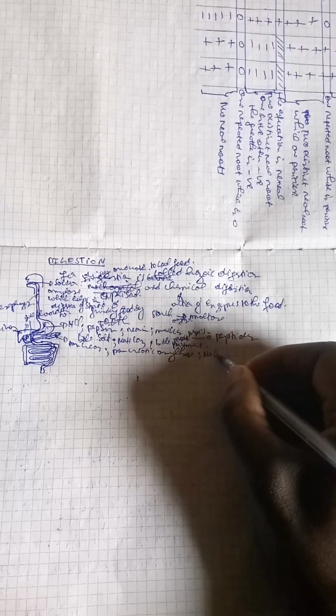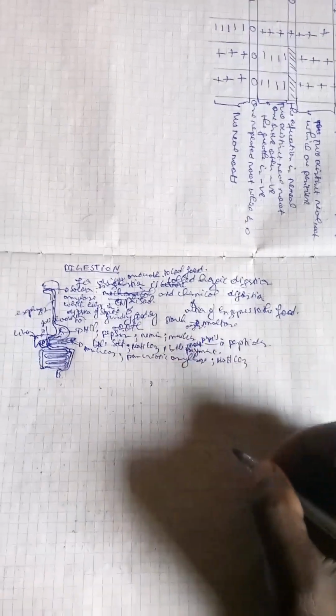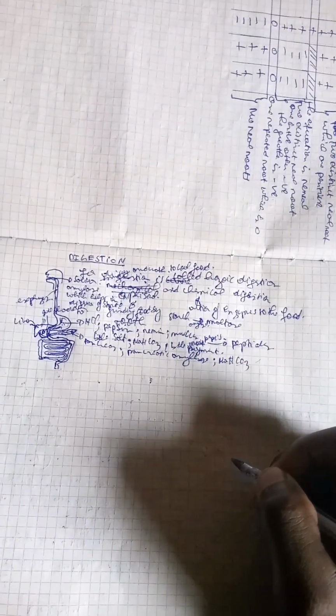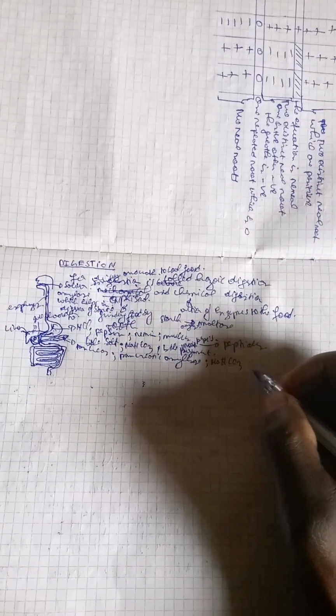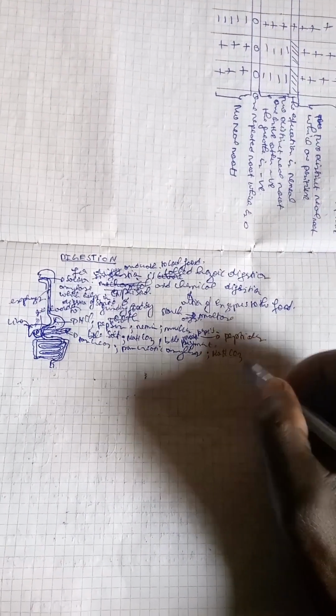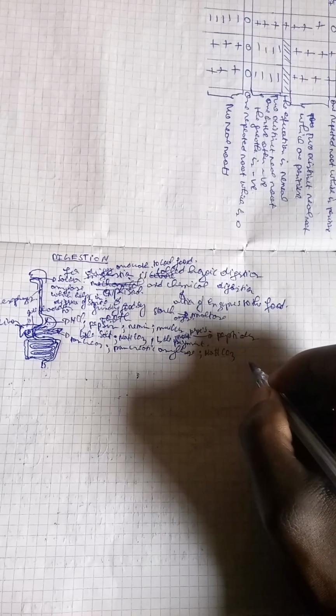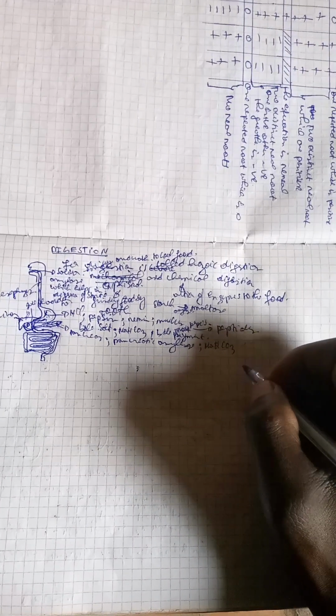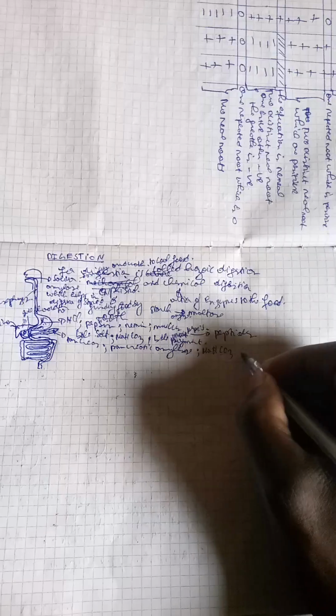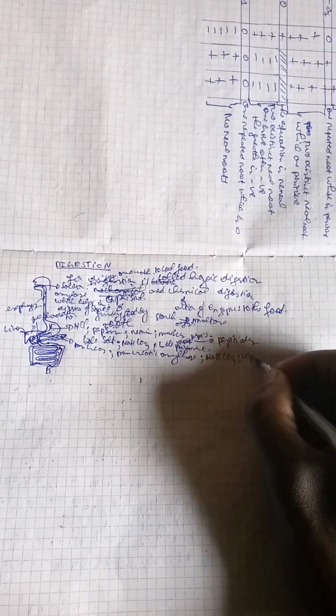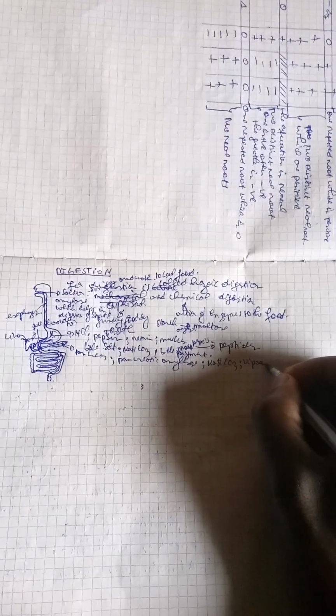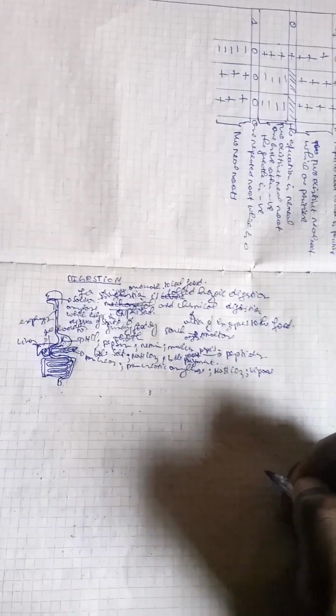Also, there is sodium hydrogen carbonate to maintain the pH of the duodenum, and also there is lipase to digest lipids.